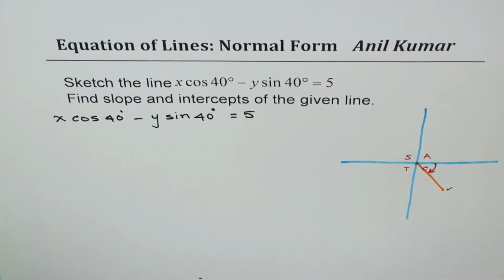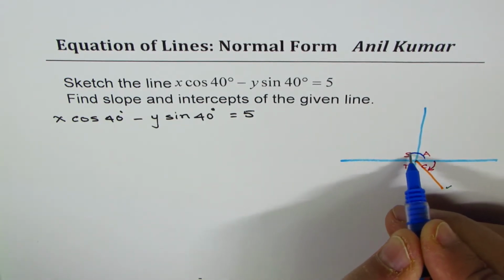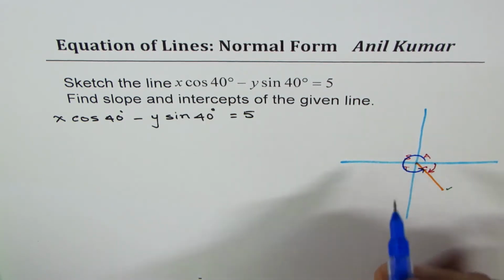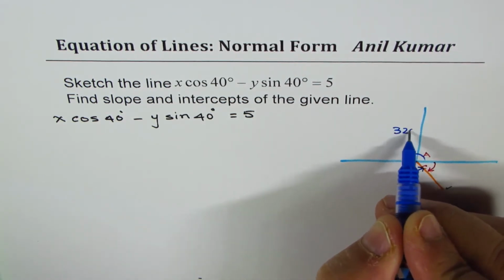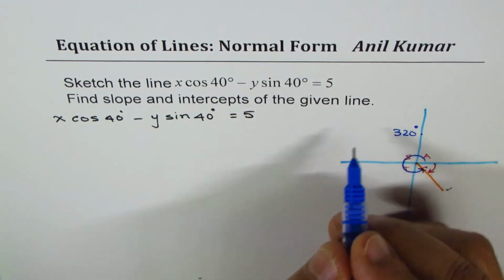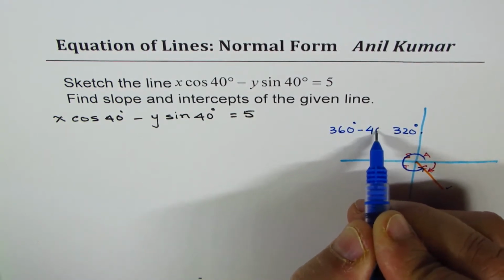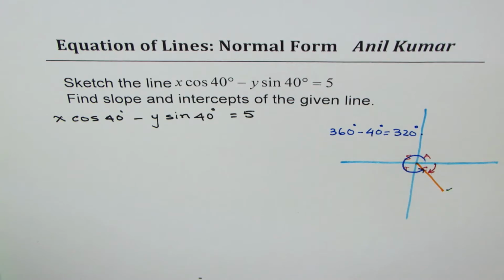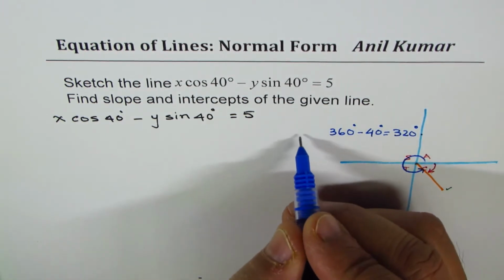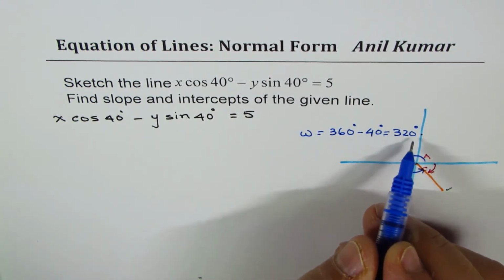Well, the principal angle is always measured counterclockwise from the positive x-axis. So it is this angle, correct? That angle will be 360 degrees take away 40 degrees, which is 320 degrees. So the angle omega will be equal to 360 minus 40, which is 320.